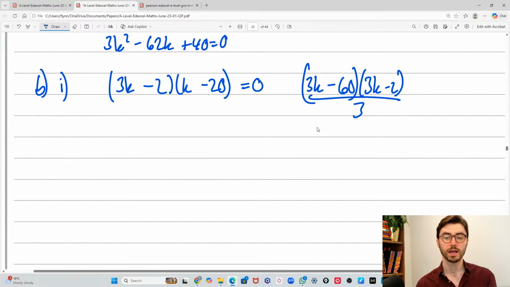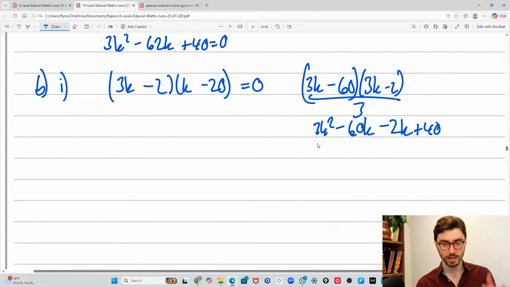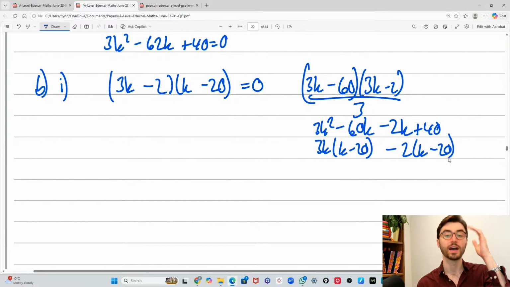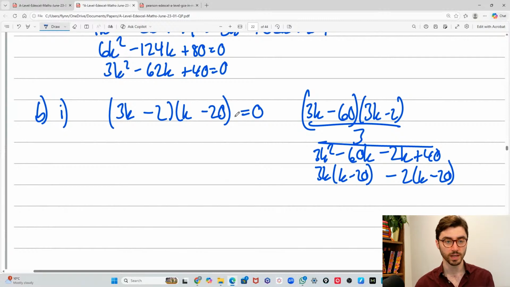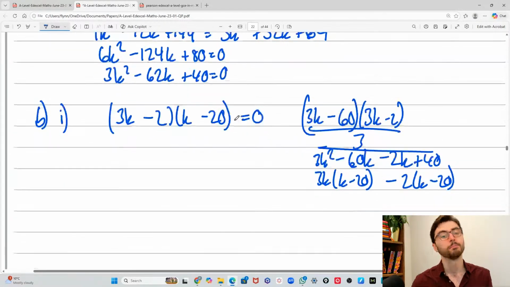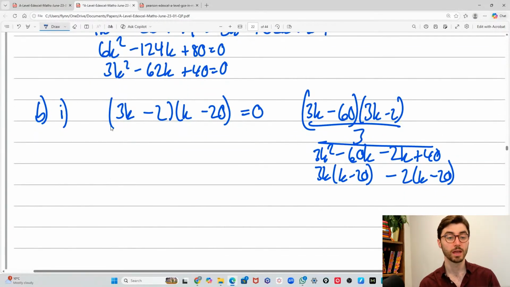Or I could have written it as 3k squared minus 60k minus 2k plus 40, and taken a 3k and a k minus 20, minus 2 into k minus 20, and then factored it out accordingly. So you've got a huge number of ways of doing this. When there's a number in front of the k squared or x squared, you pick your favorite. So k is equal to 2/3 or k is equal to 20.